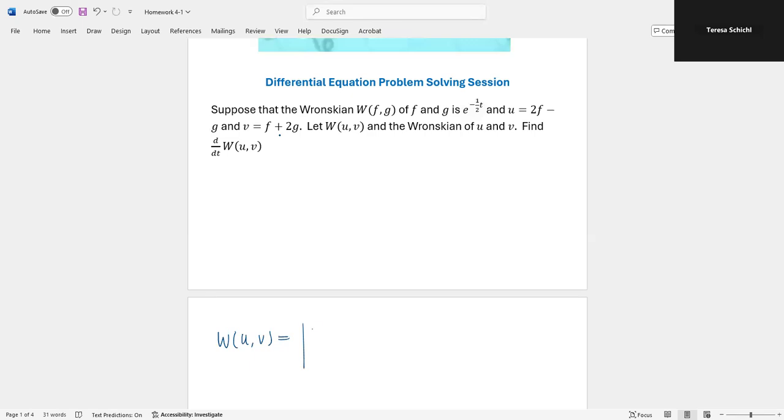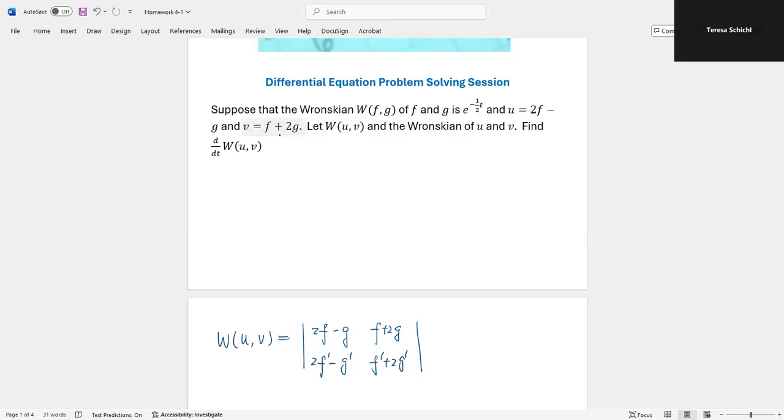The u is 2f minus g, and v is f plus 2g, and then the derivatives 2f prime minus g prime, and f prime plus 2g prime.